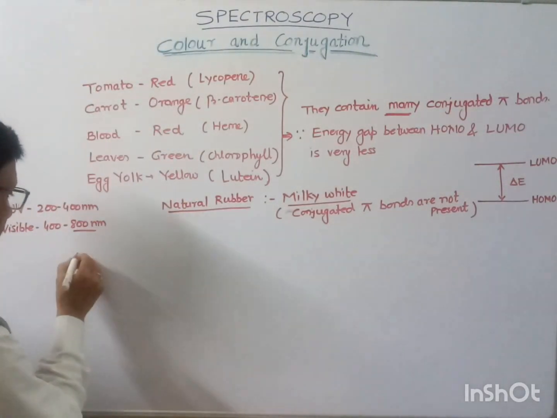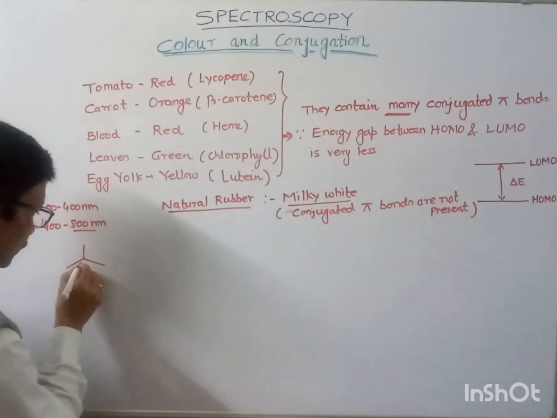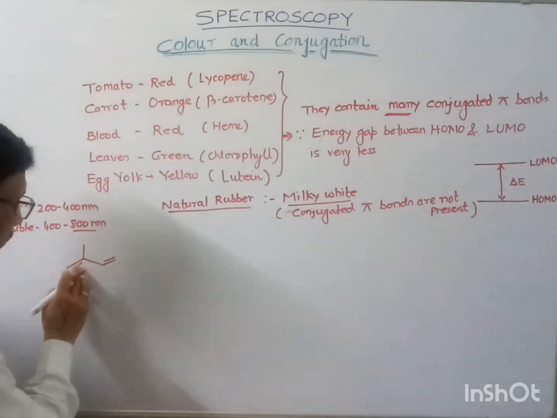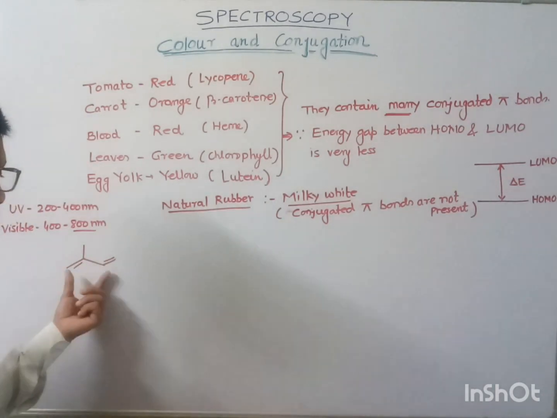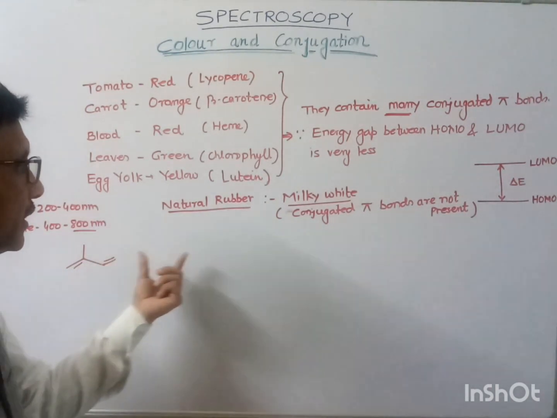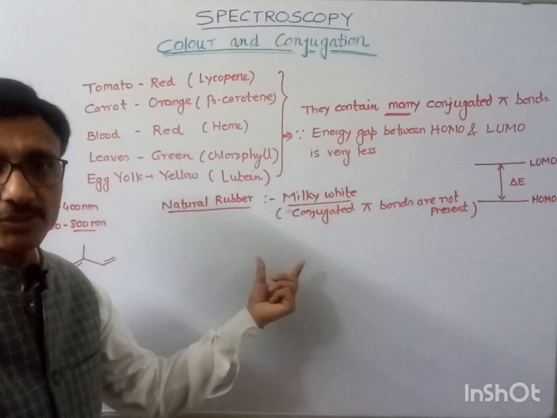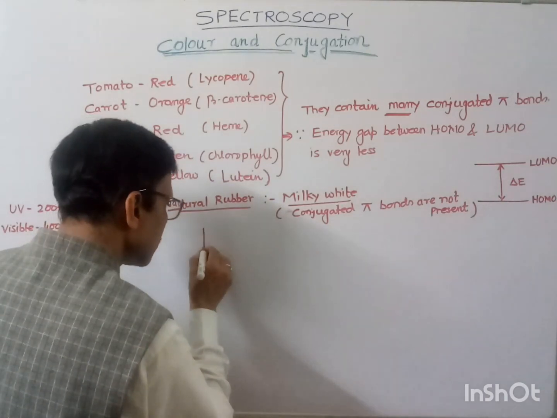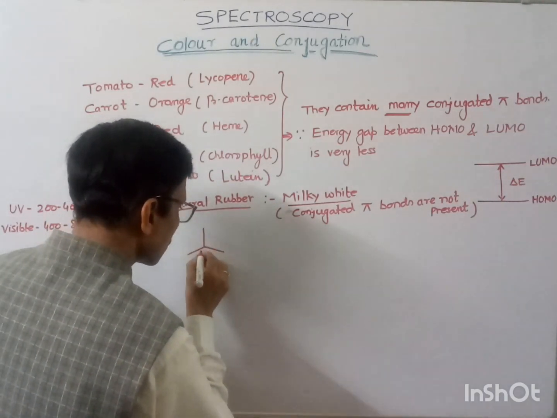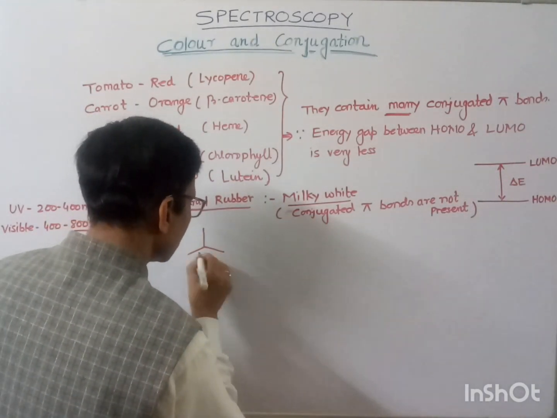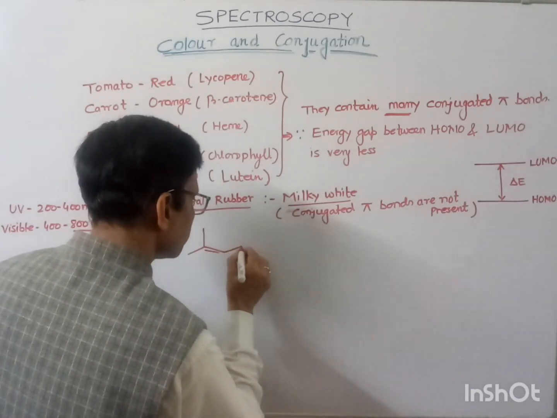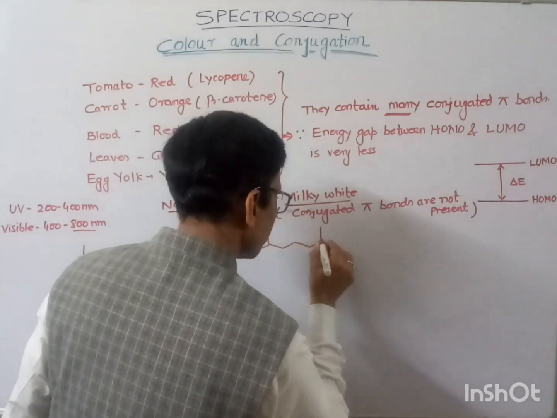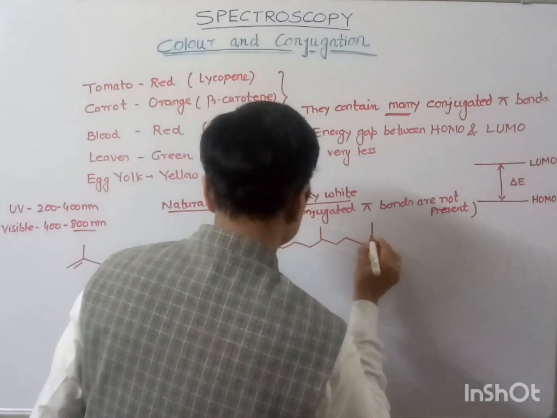This isoprene is 2-methyl-1,3-butadiene. When a lot of these isoprene units combine, we get polyisoprene, which is called natural rubber. And if you have seen this structure, it is like this.